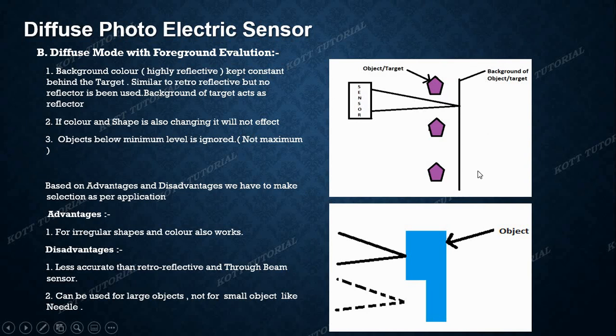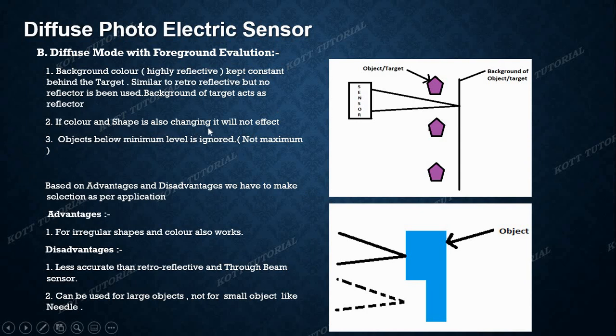Over here we have a reflective background, whether it is say a steel plate or any other product which is highly reflective, means any other background which is highly reflective. Its functioning is similar to retroreflective, but we do not have a reflector over here.